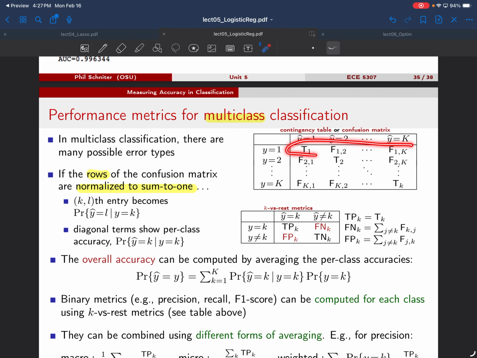So if every row sums to 1, then when you look at those numbers, they can be interpreted as the probability that your guess equals L, which is going to be the column index, given y equals k, which would be the row. Okay, so k would be coming down this way, and L would be going that way. Okay, so that's kind of a standard thing. If you don't normalize it, then these are just different counts, and it's really hard to make sense of what's going on. They're just integers.